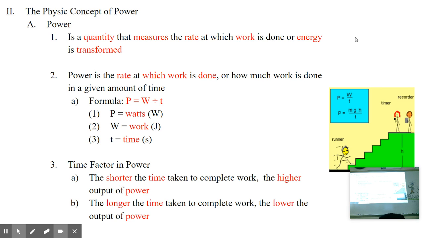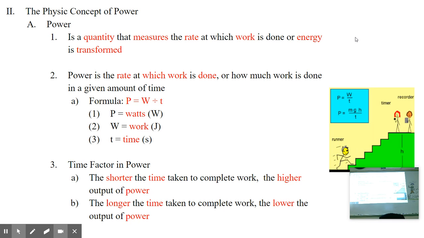And we measure power in watts. Work, again, is in joules. Time is in seconds.